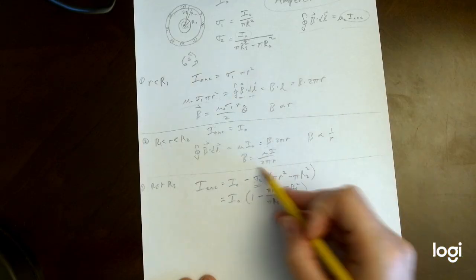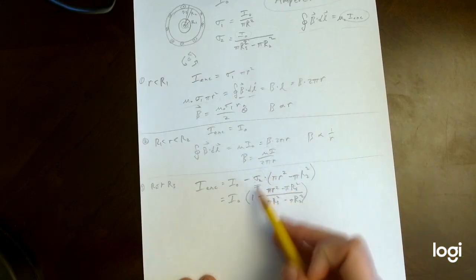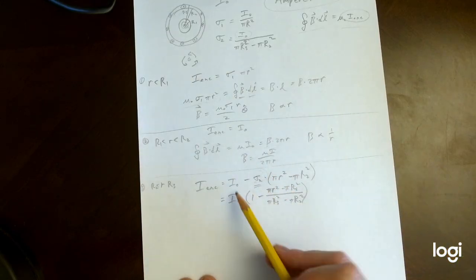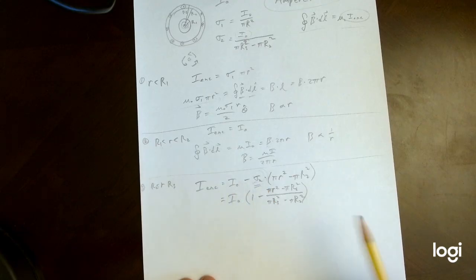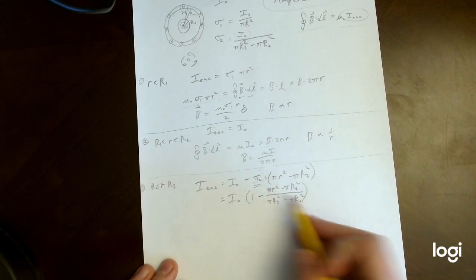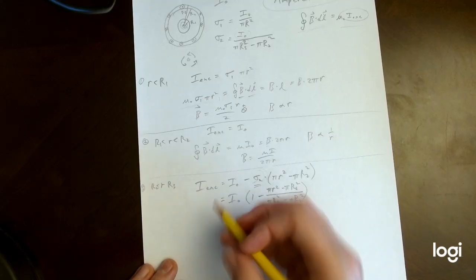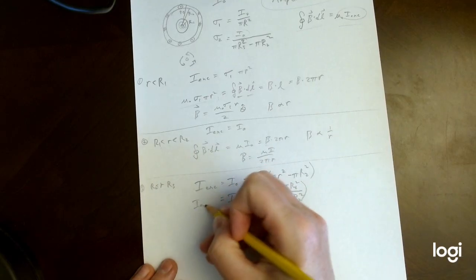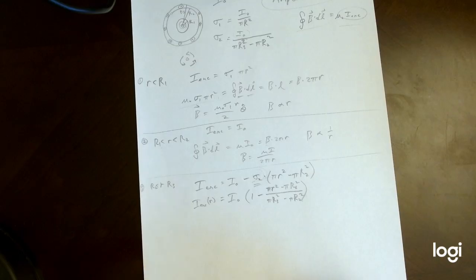That's just plugging in the definition of this sigma 2 and factoring out an I naught that shows up here and inside of the sigma 2 term. Okay, so this is our I enclosed, and it is a function of little r.